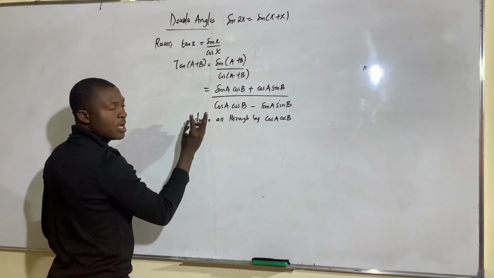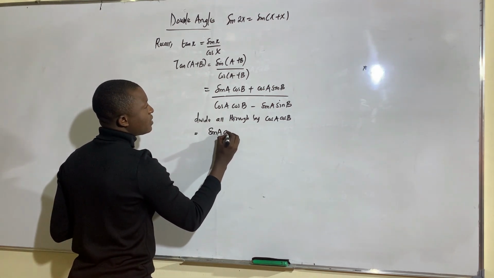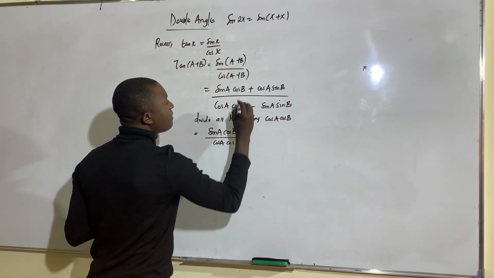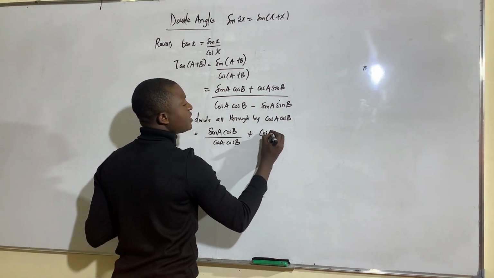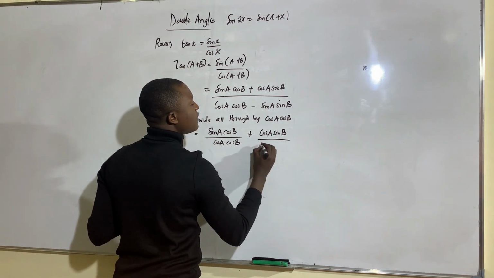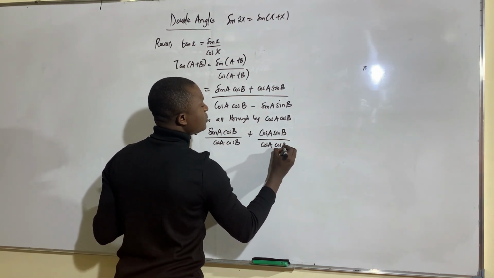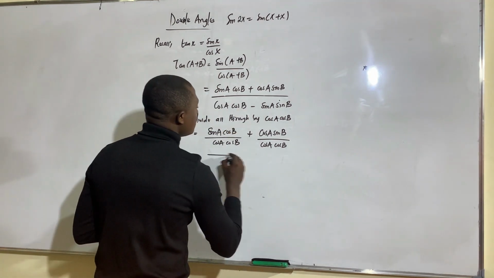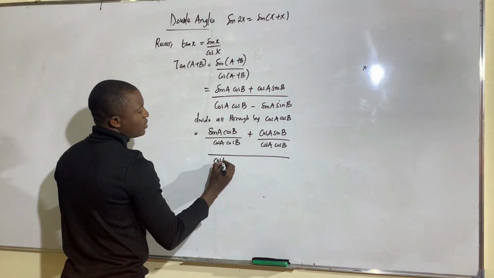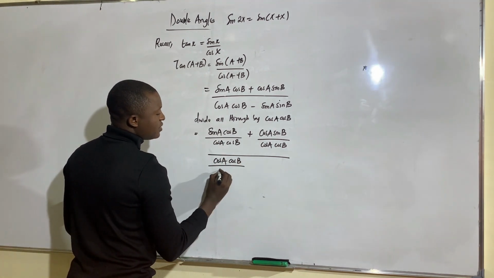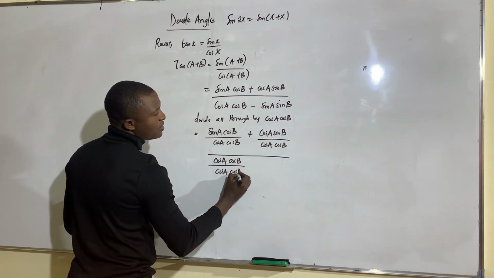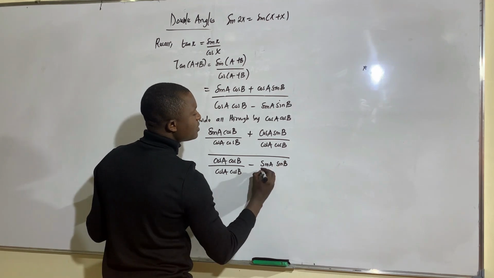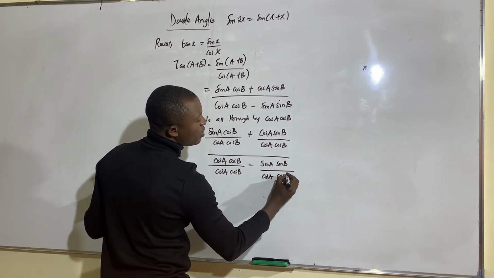So then here, we have sine A cos B over cos A cos B plus the second one, cos A sine B divided by cos A cos B. You can see what we are doing now is we are using this one to divide each of them one after the other, and we have cos A cos B divided by cos A cos B minus the last one here as well, sine A sine B over cos A cos B.